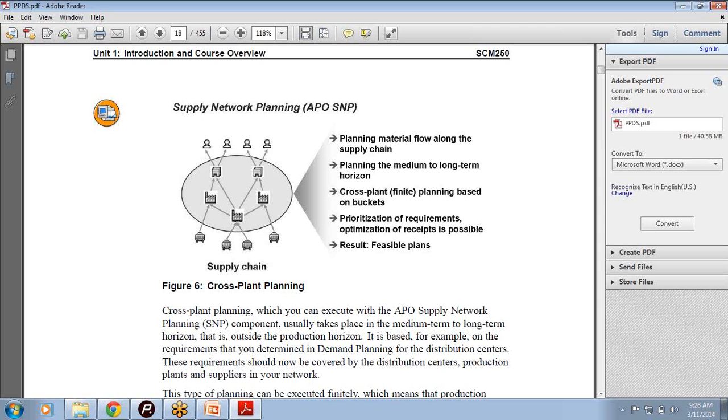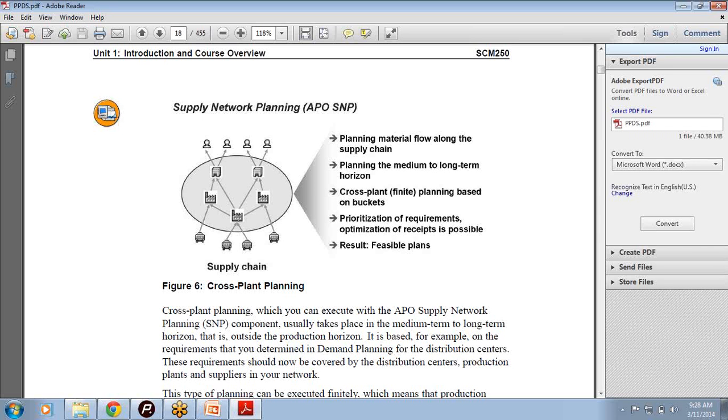But these are linked because these factories do buy some components or raw material from these vendors. And these customers buy things from these distribution centers or warehouses. When these factories are buying from these vendors, this is known as purchase requisition.